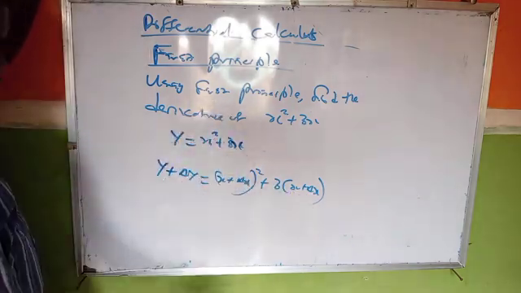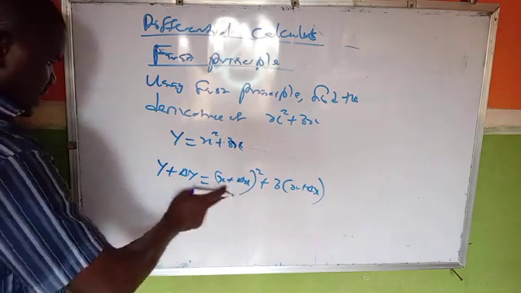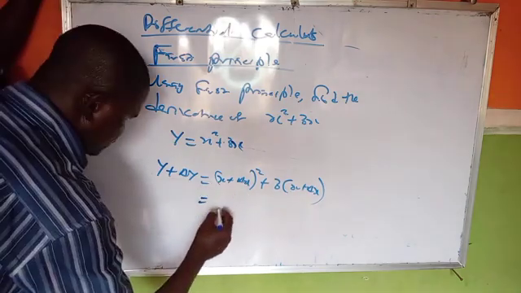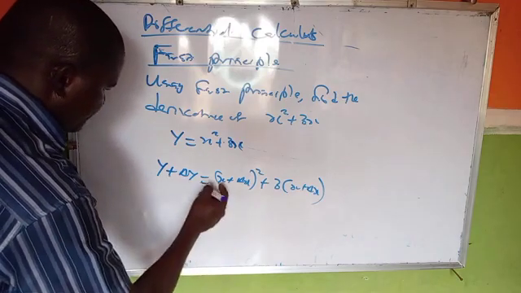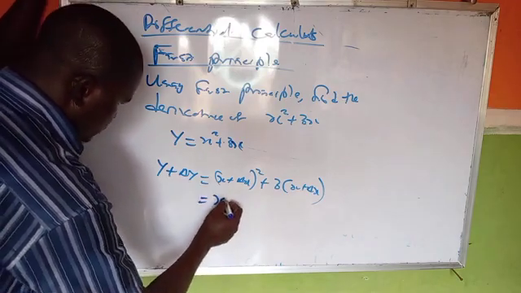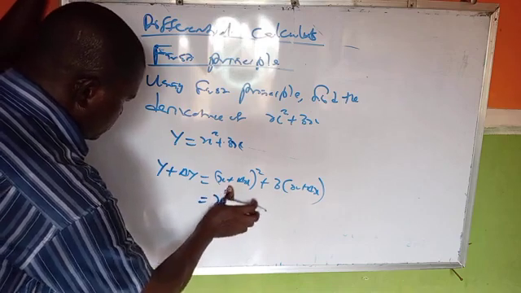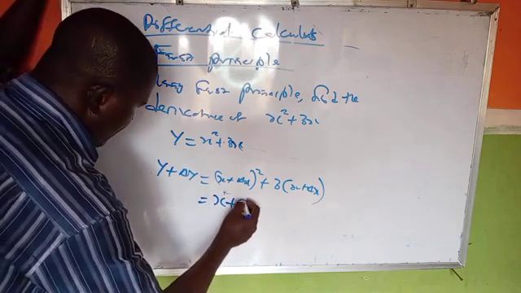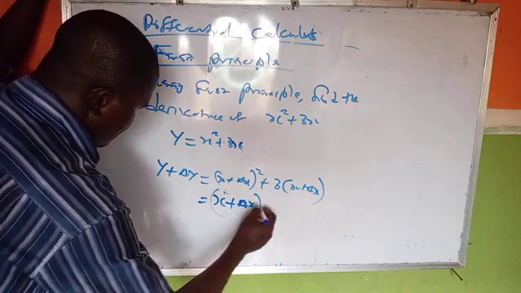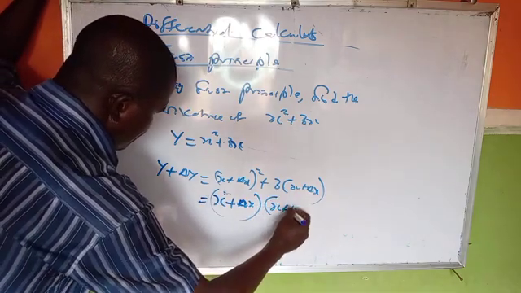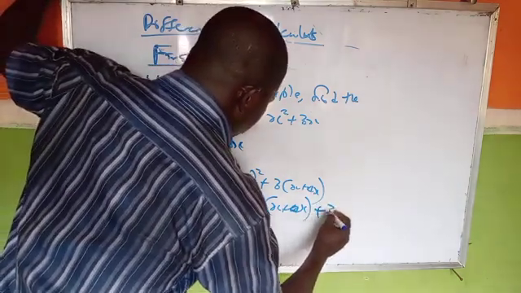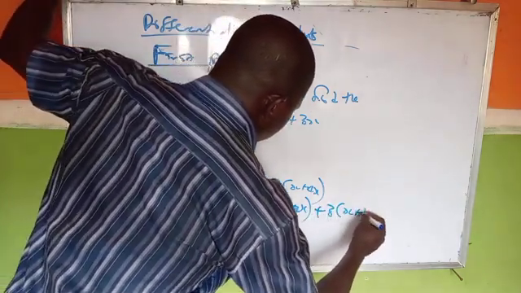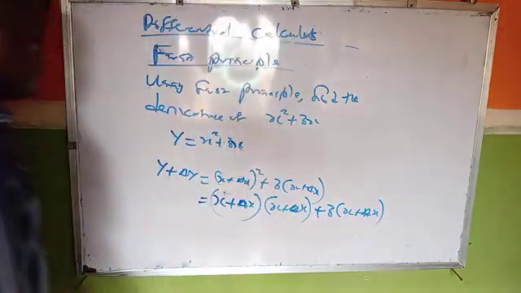The next thing you are going to do is expand this. If you expand this, you will have x squared plus 3 times (x plus change in x).